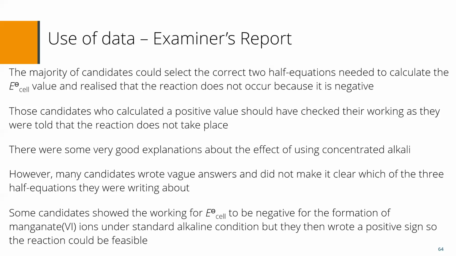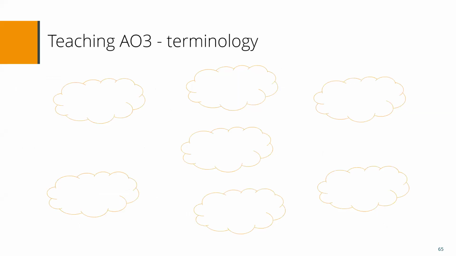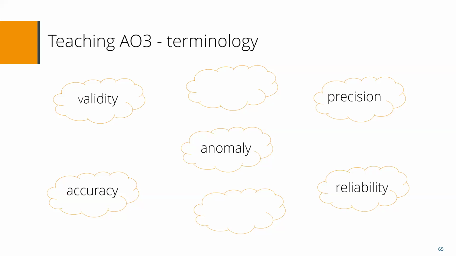So obviously they can't be given credit. Okay, some terminology. These are a few terminologies that you're likely to come across in AO3: anomaly, accuracy, precision, validity, reliability, uncertainty, and error. Okay.